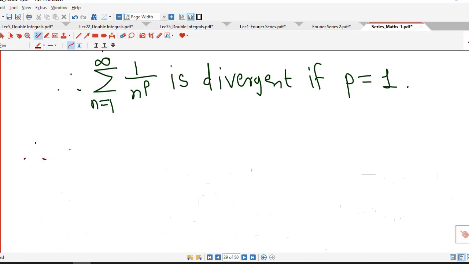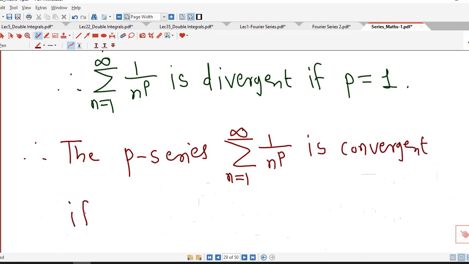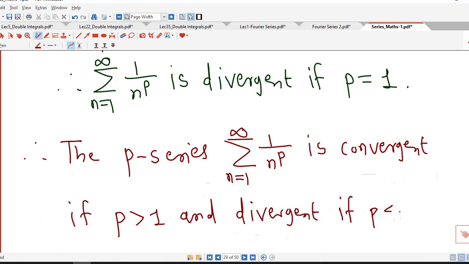Therefore the p series sigma 1 over n raised to p, n equal to 1 to infinity, is convergent if p is greater than 1 and divergent if p is less than or equal to 1.